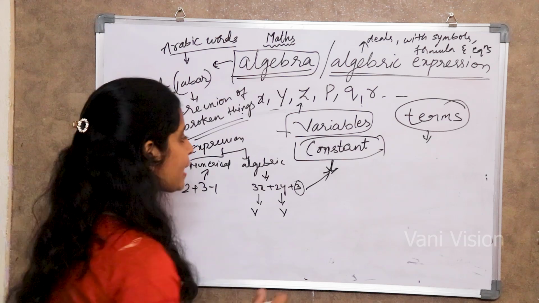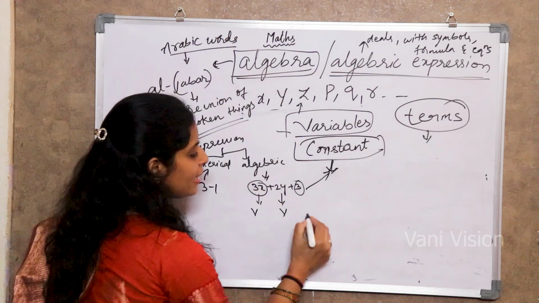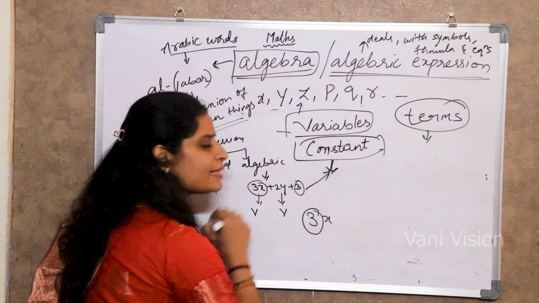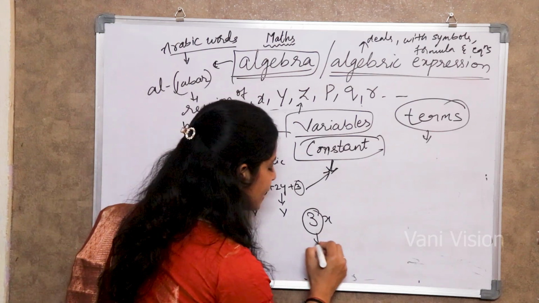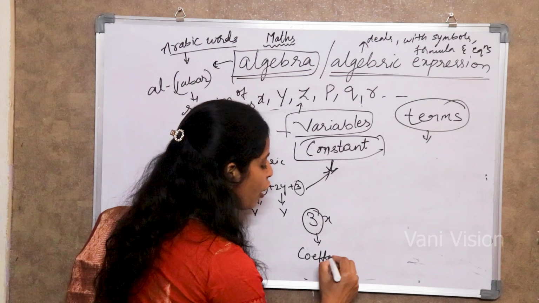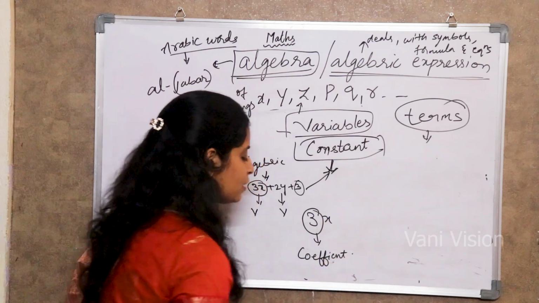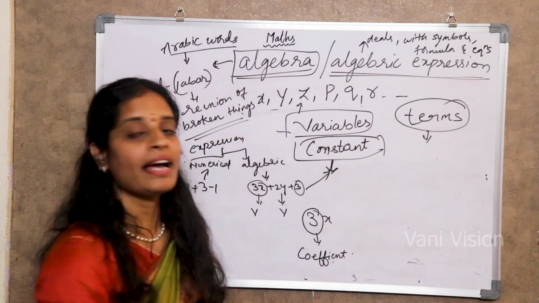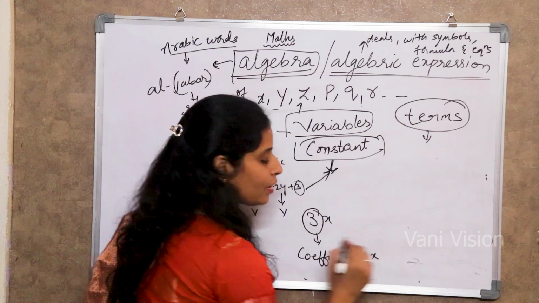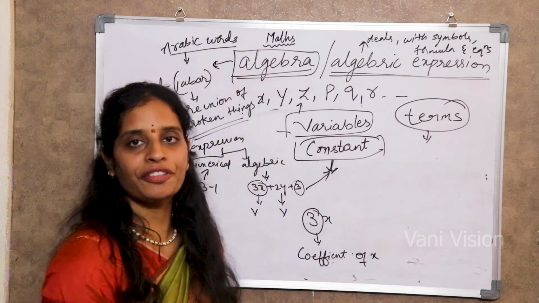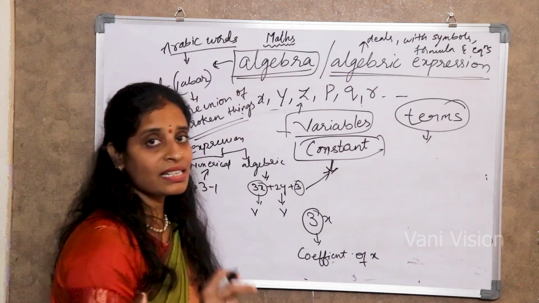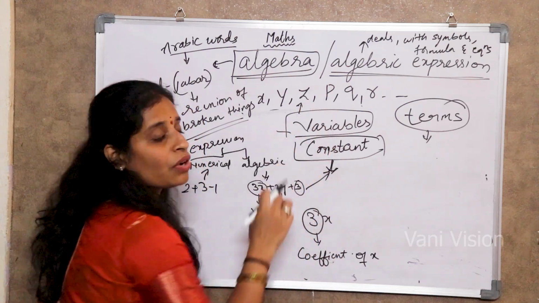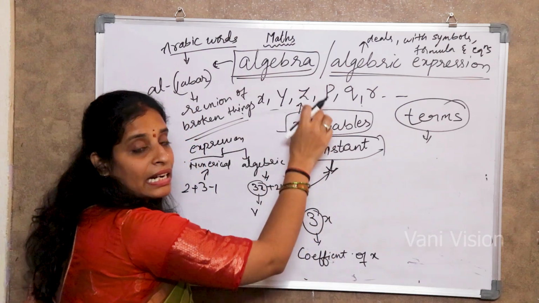Now, in 3x, what do we call this 3? We call this 3 the coefficient of x. Clear? So what have we discussed? Variables are letters, English alphabets.